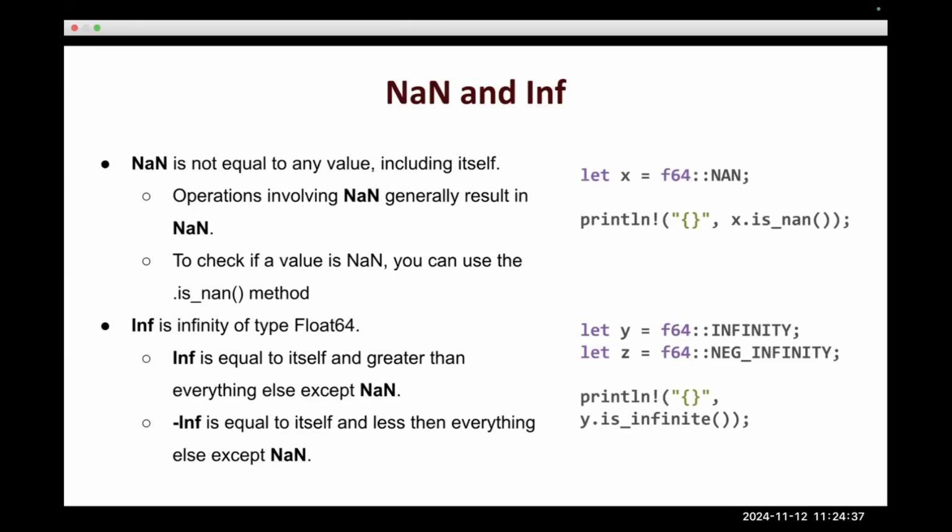I don't know, people might be using this in different ways, but here, at least following the IEEE standard, we are trying to differentiate between NaN and infinity during the programming stage.